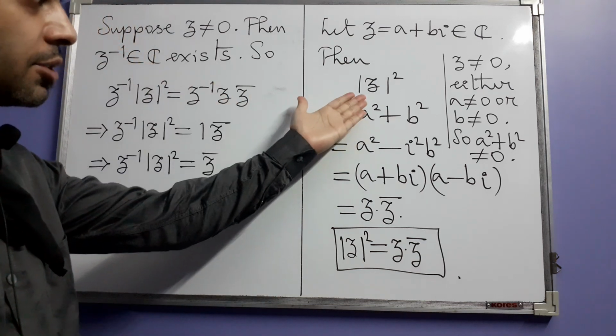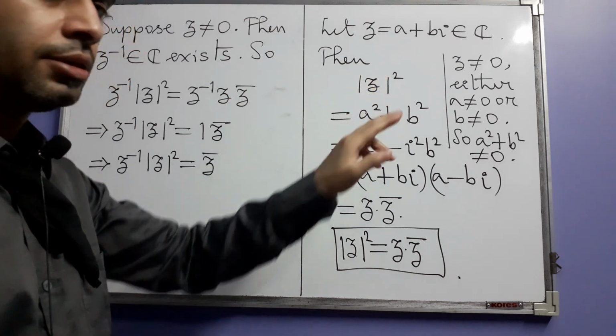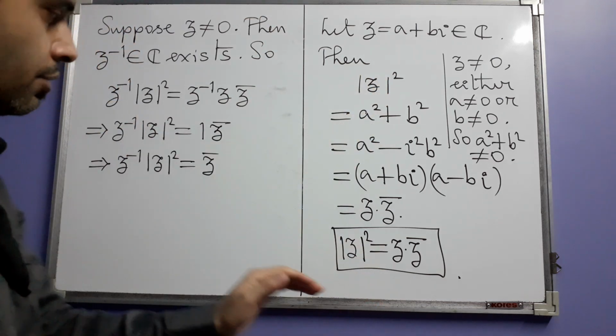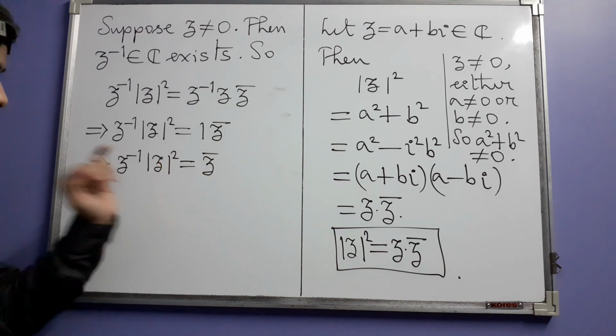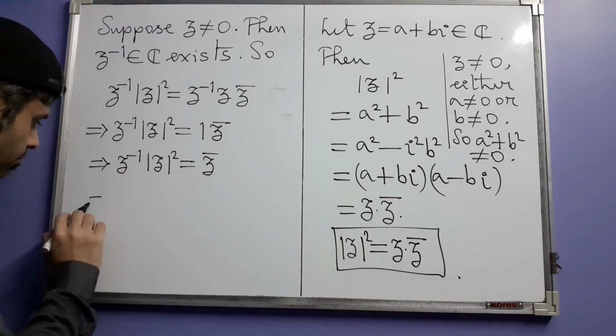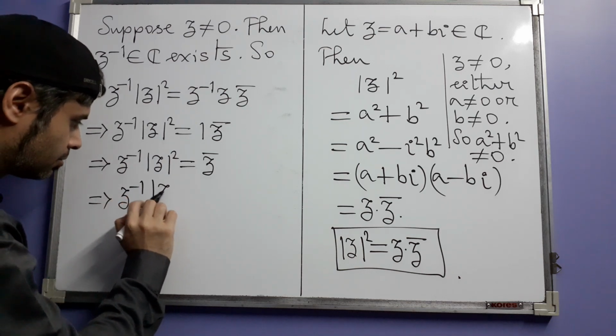So that means this real number is not equal to 0. So you can divide both sides of this equation by this real number. If you do so, what will you get?